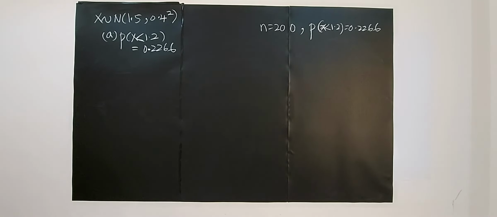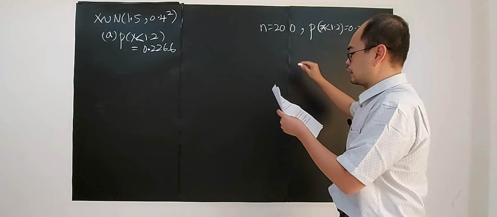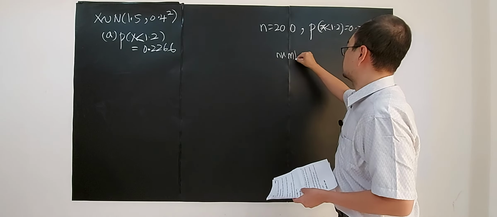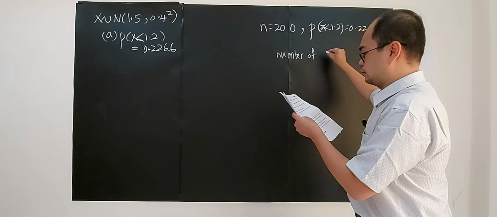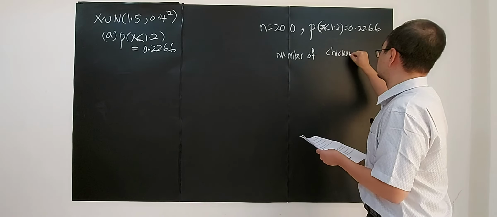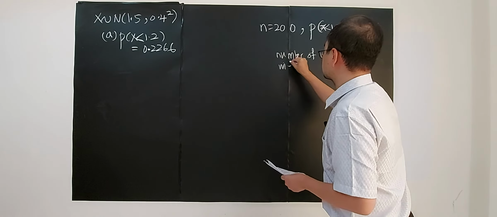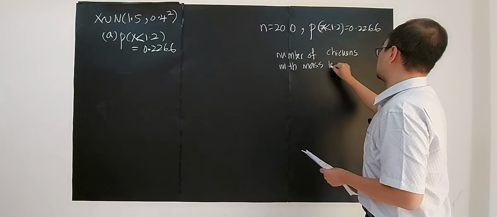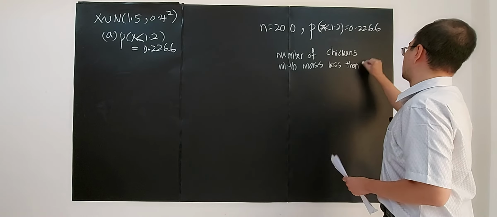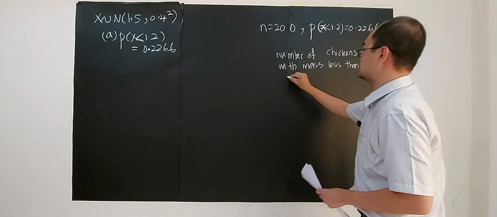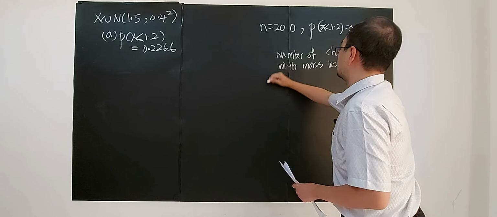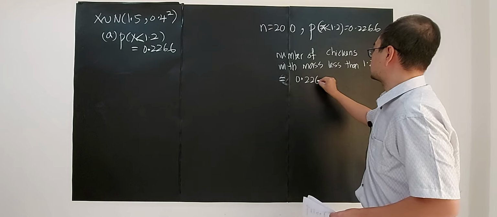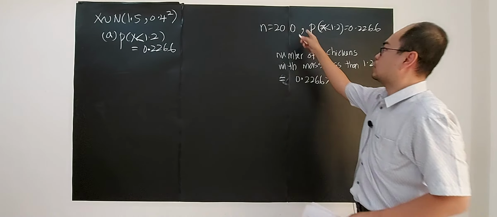Alright. So of course, estimate how many. The number of chickens sold with mass less than 1.2 kg equals the percentage 0.2266 multiplied by all the chickens sold.